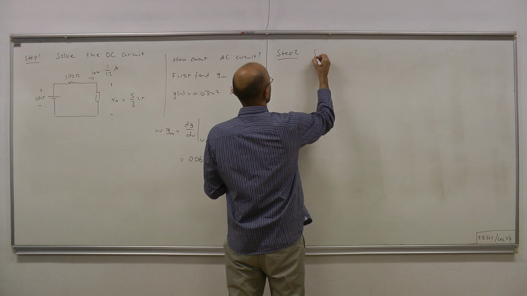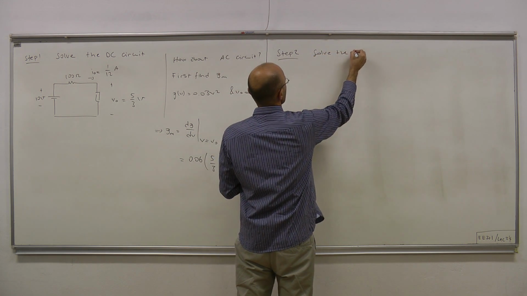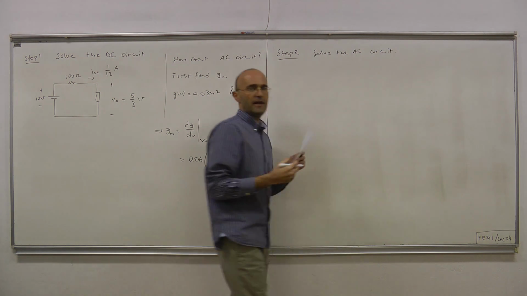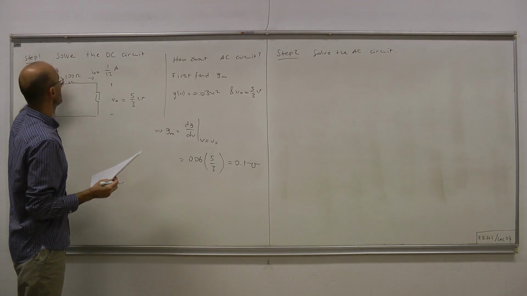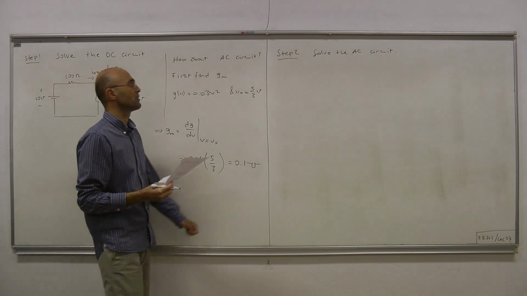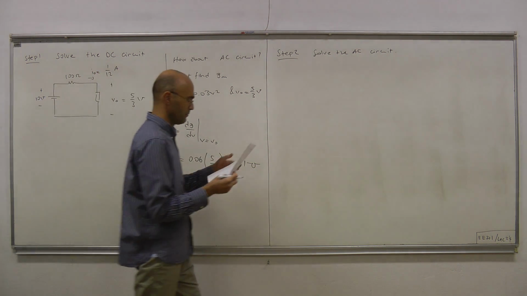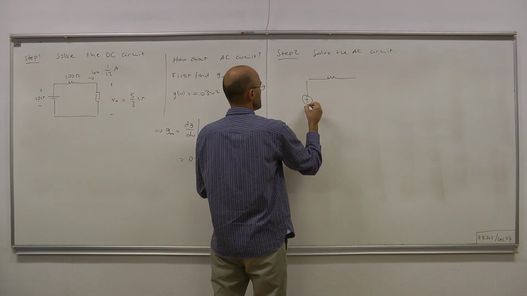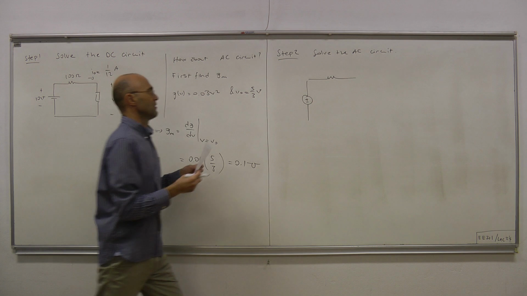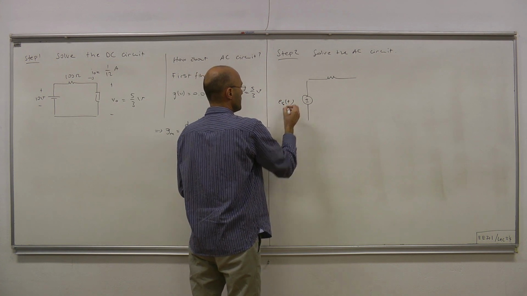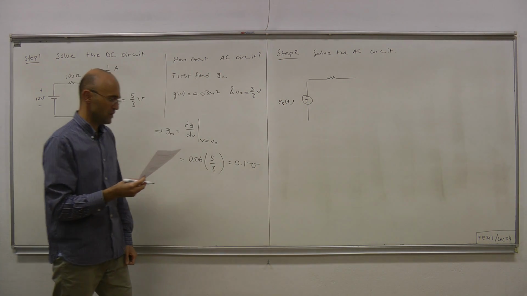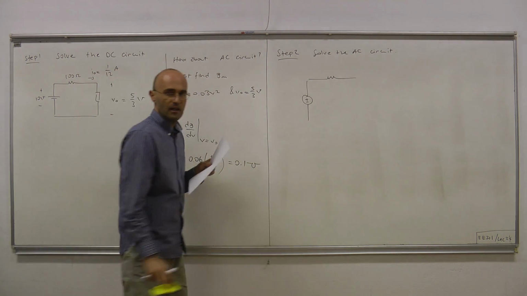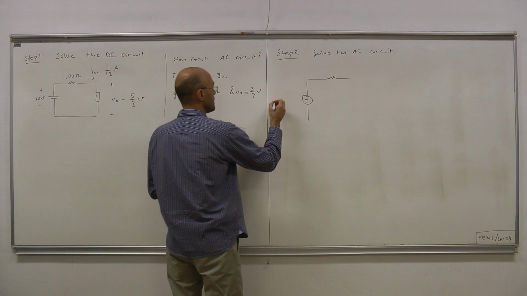Step 2, solve the AC circuit. Okay. Step 1 was solving the DC circuit. Now we're solving the AC circuit in step 2. And what's the AC circuit? The AC circuit has the AC component as its only source, e_s of t, which is sine of t volts in our particular example.